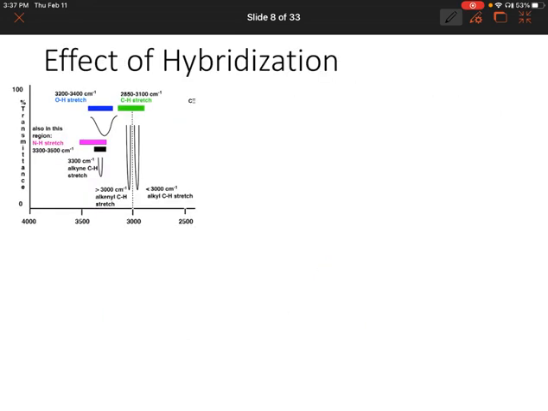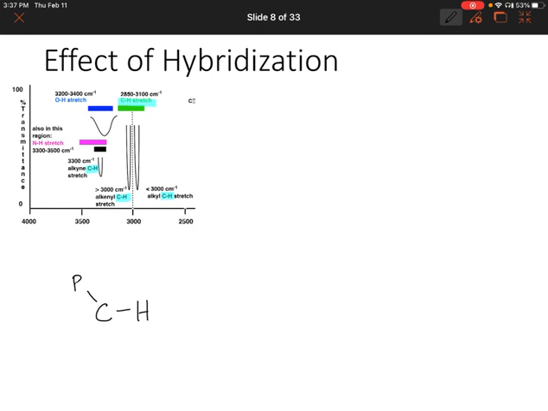All right, so let's talk about the effect of hybridization on wave number. So let's focus on carbon-hydrogen bonds. So we're going to focus on these CH stretches. And let's just draw a few different types of carbons.